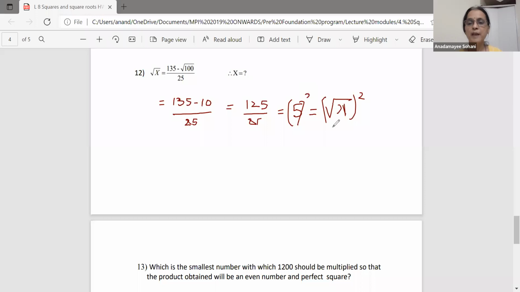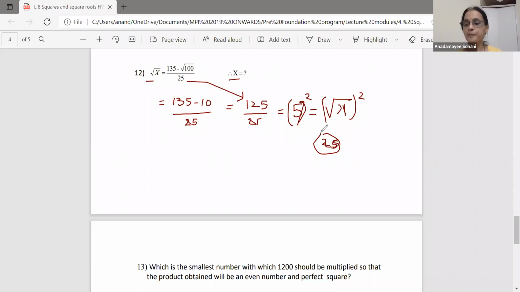So x is 25. Okay, see what we did? We have simply found a numerical value of this, which is equal to root x, and therefore to find x, we just squared up both the sides and the answer came 25.